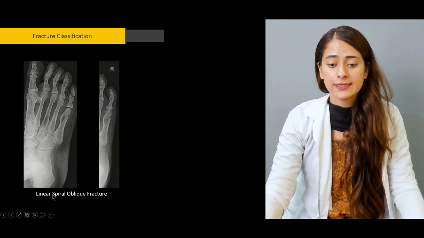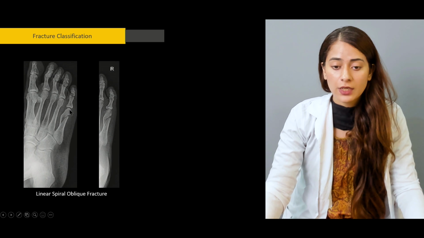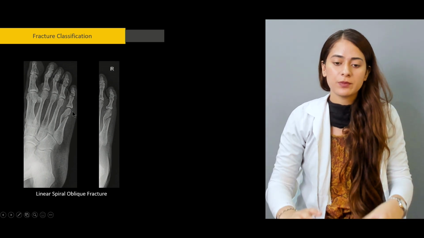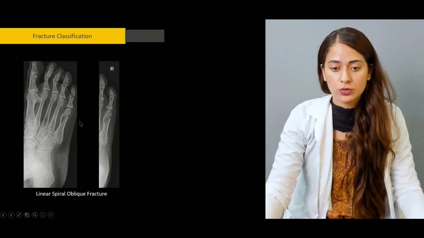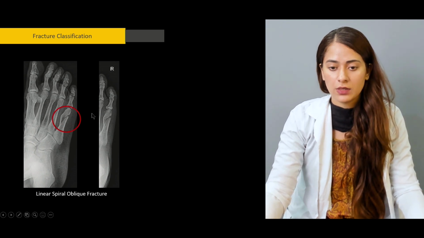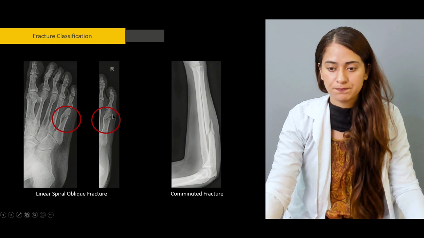So here this is a linear spiral oblique fracture. This is a linear fracture, but it is oblique, probably because of some rotation of this bone. This is the fracture here, and it's also visible here. So this is a spiral oblique fracture.